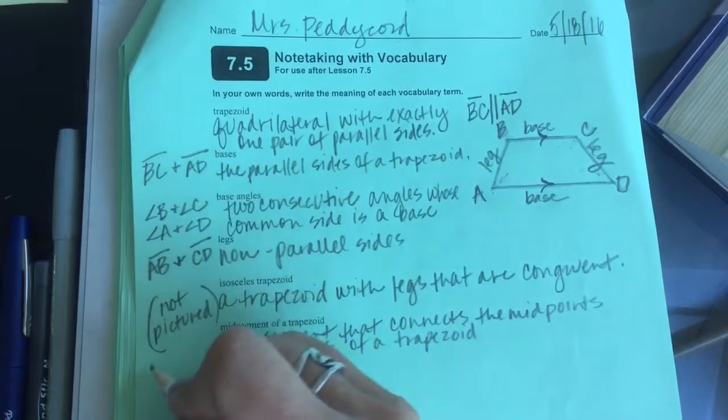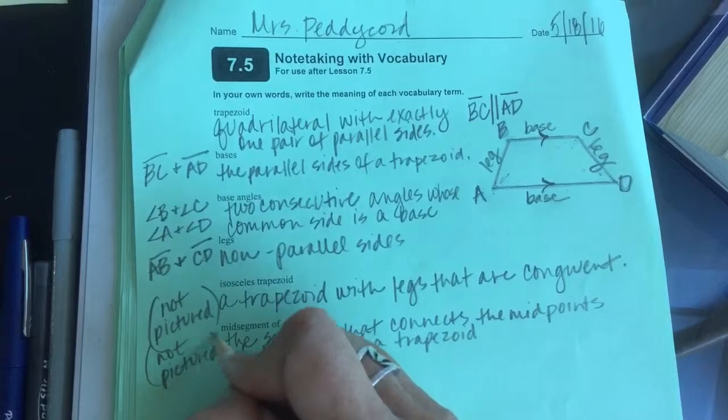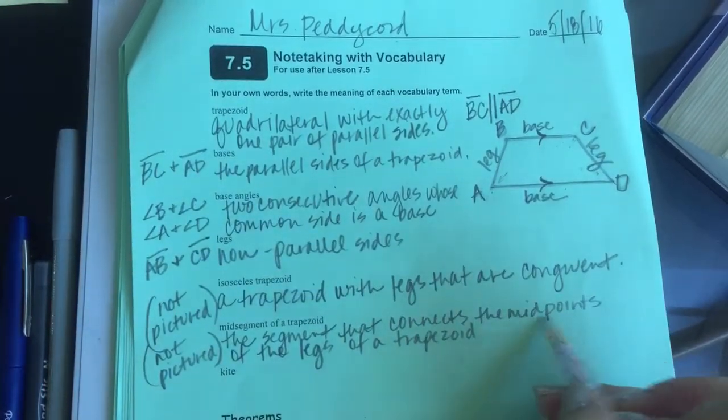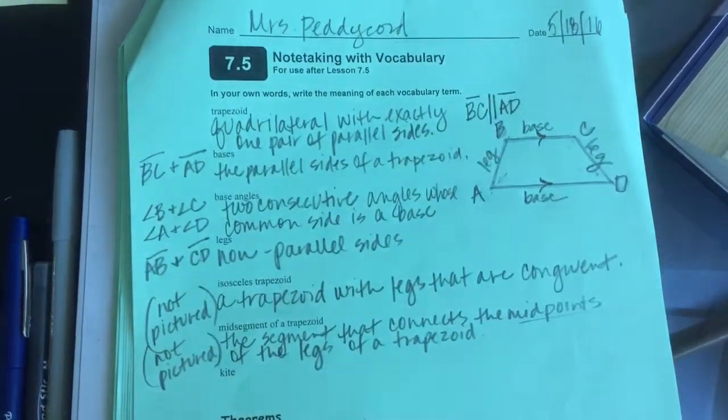And this one isn't pictured either, but we'll get to it when we look at our theorems. Look on the next page, we'll see what they mean. Midpoints, middle place, the legs are going to be the non-parallel sides.